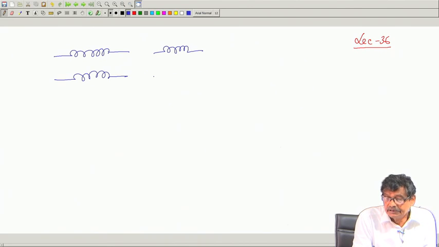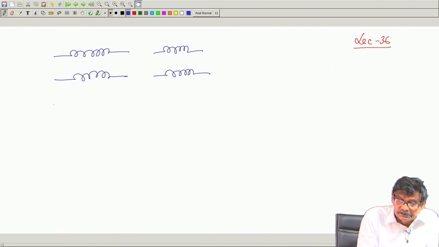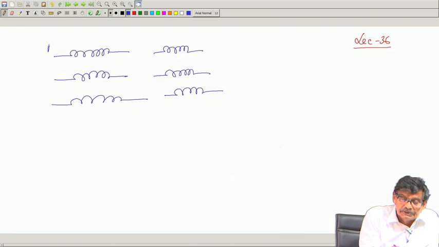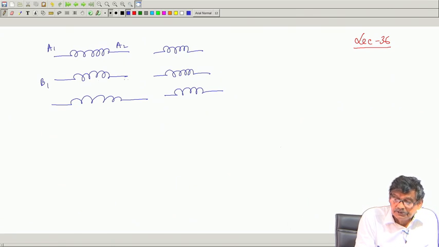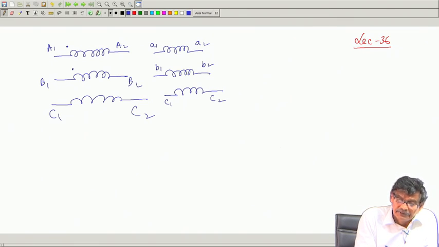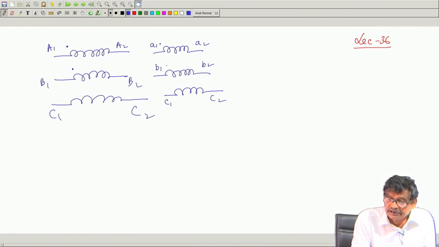Very quickly, you are also used to it now, draw it, and do not forget to mark the terminals B 1 B 2 and C 1 C 2, small a 1 a 2, secondary of A, secondary of B, and secondary of C, with the understanding that all 1 terminals, A 1 A 1, these are dots, polarity.